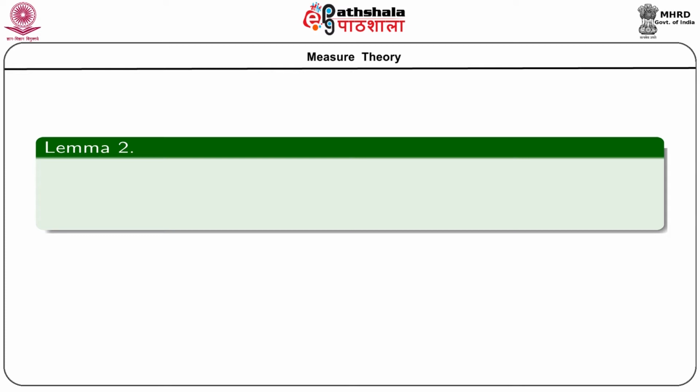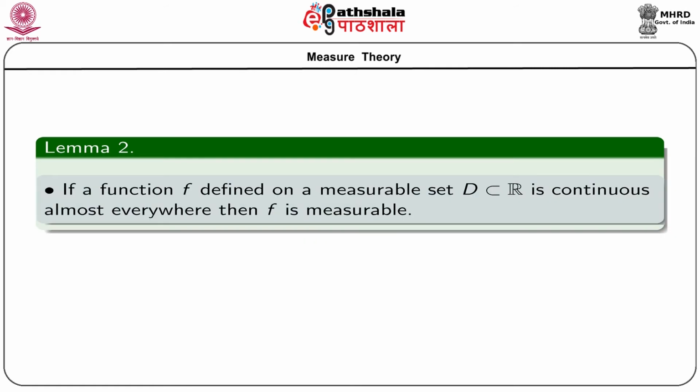Next, we prove another result. We can already prove that a continuous function is measurable. Why? Because by definition, a function f is continuous if the inverse image of an open set is an open set.